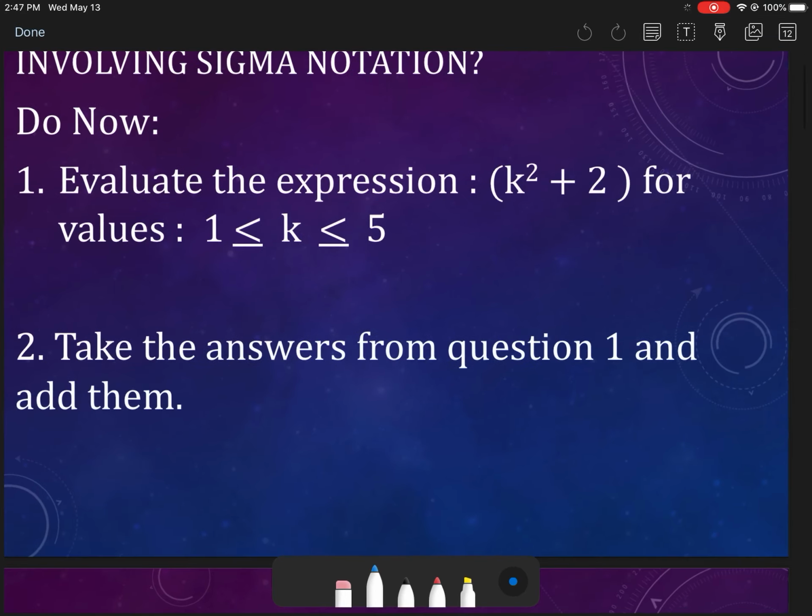1 to the third minus 1 plus 2 to the third minus 1 plus 3, oops, I wrote squared, 3 to the third minus 1 plus 4 to the third minus 1 plus 5 to the third minus 1.